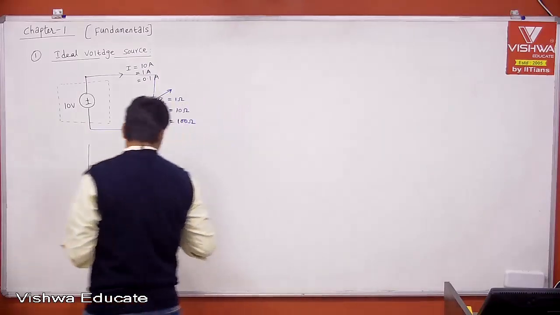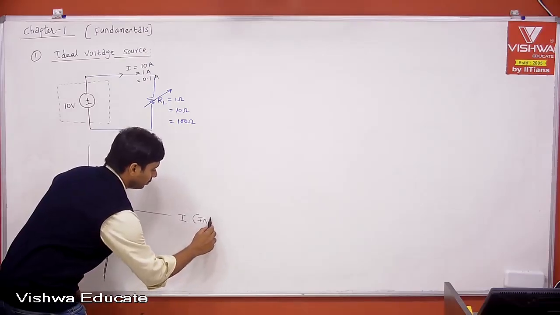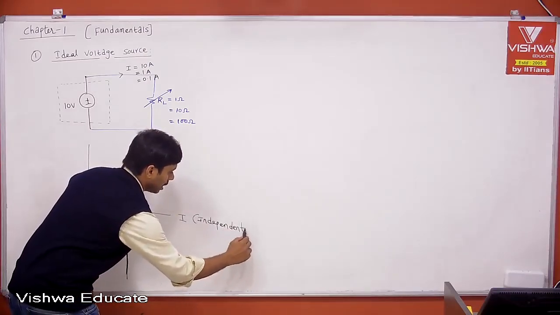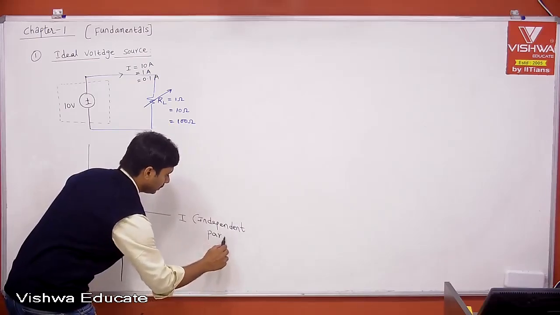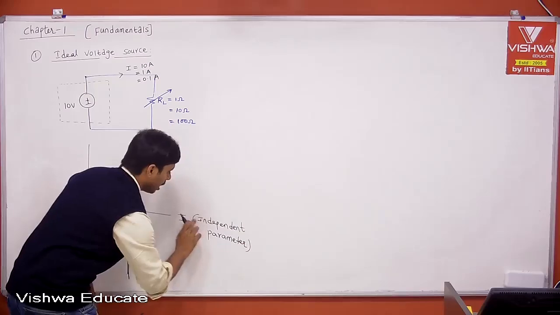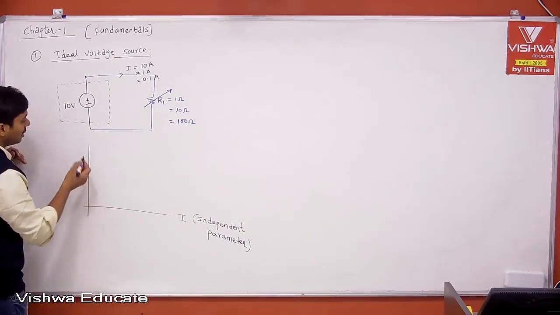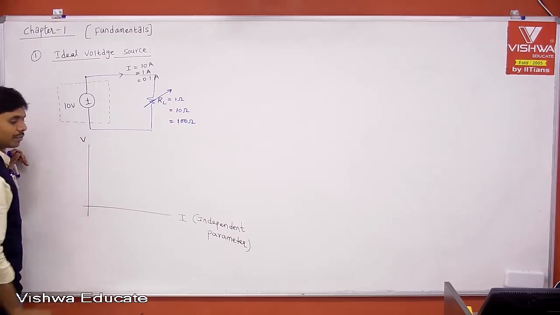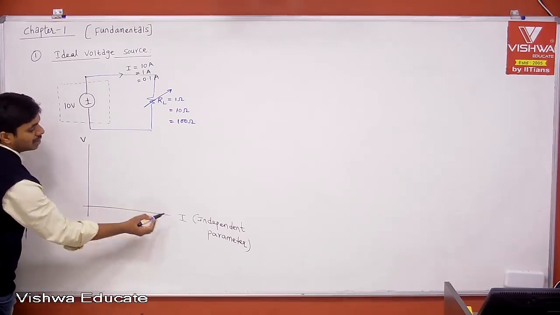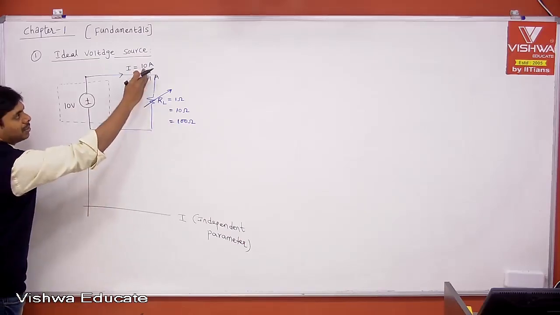Then the x-axis is current, which is the independent parameter. And the y-axis is the dependent parameter, right? Let me say this is voltage V. I am just explaining once again. I is the independent parameter because load can be anything, current can be anything.